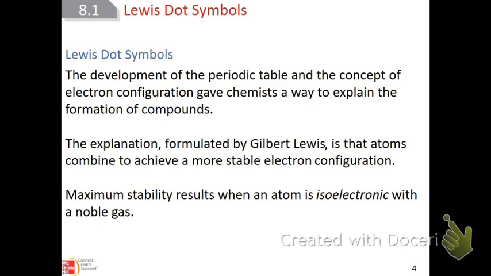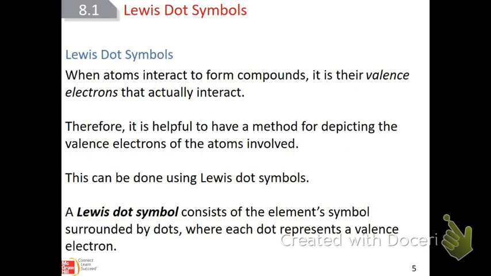Gilbert Lewis came up with this, and he said that atoms want to become as much like a noble gas as they possibly can. If they can become isoelectronic, that is, have the same electron configuration as a noble gas, that's going to make them the most stable, and that's exactly what they'll do. When atoms gain or lose electrons to become like a noble gas, it is those valence, or outer shell, electrons that interact.